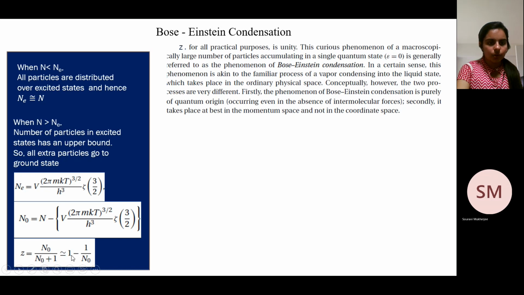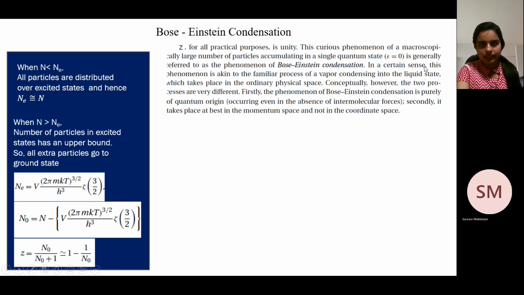Z going close to 1 is the case when you have a large number of particles in the zeroth state. This is what happens when the number of particles is greater than Ne, and it is called Bose-Einstein condensation.